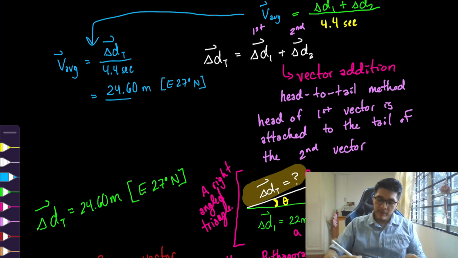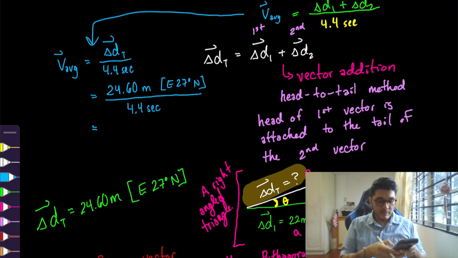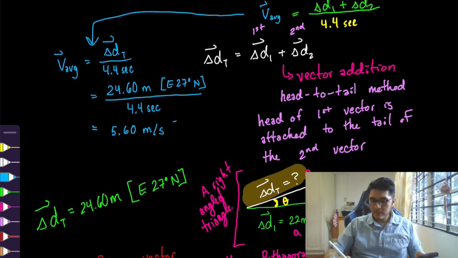And we're going to divide this by 4.4 seconds. So the average velocity is going to be about 5.6 meters per second. The direction, east, 27 degrees north.